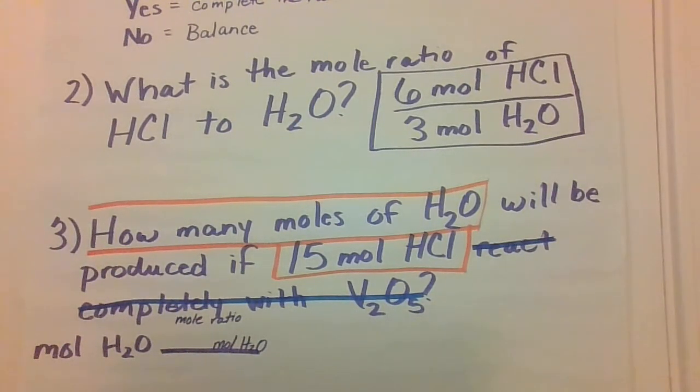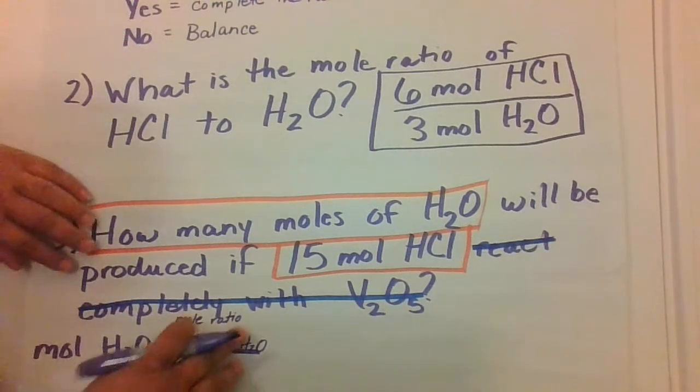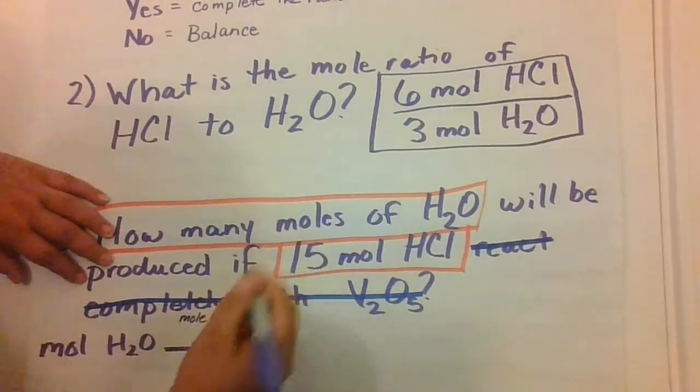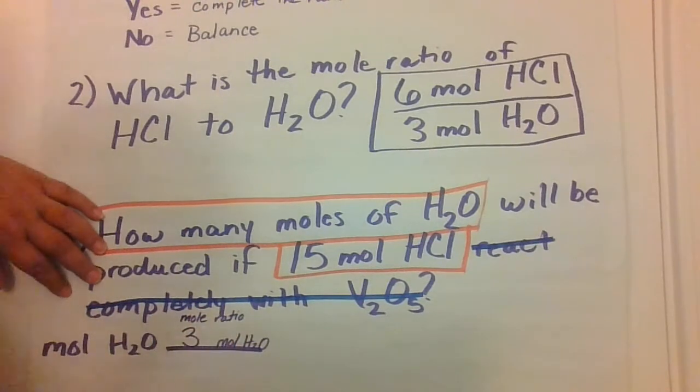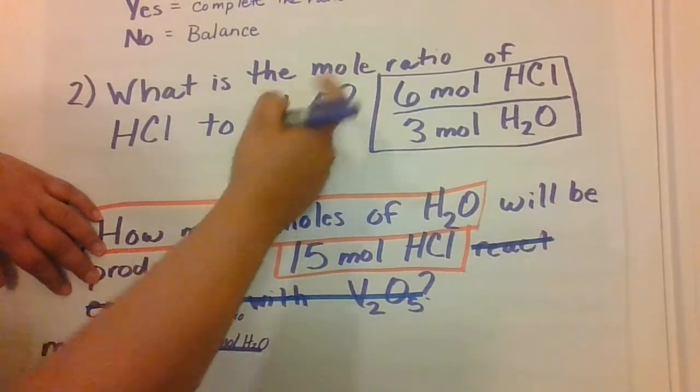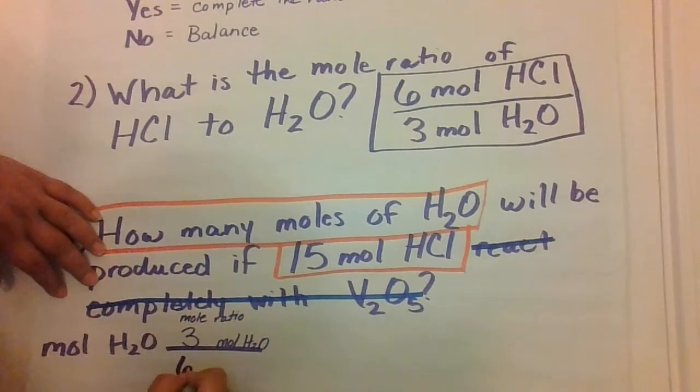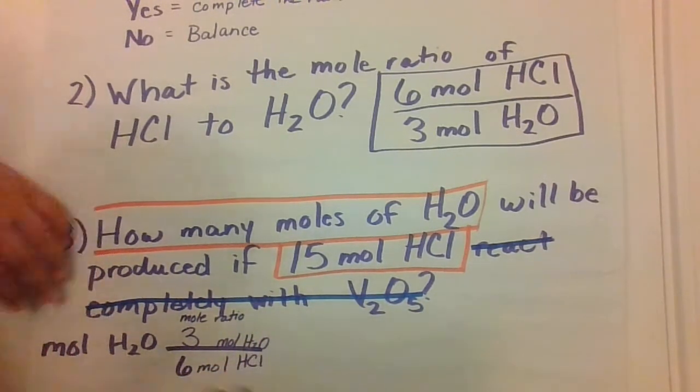The good thing about dimensional analysis is, as long as those terms stay coupled together, it does not matter which one is on top and which one is on the bottom. So for this one, we're going to say that we have 3 moles of water, or H2O, and it's going to be married to the 6 moles of HCl.